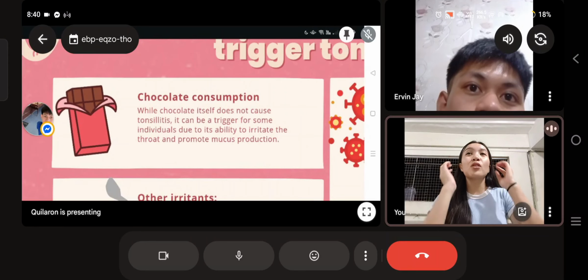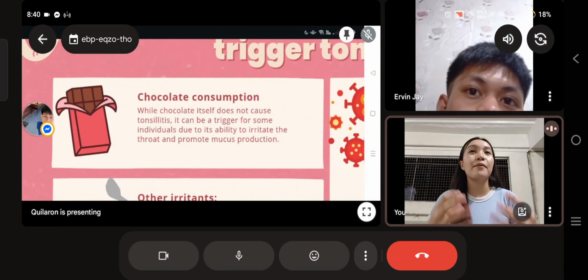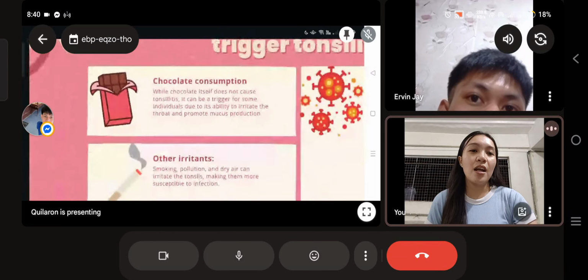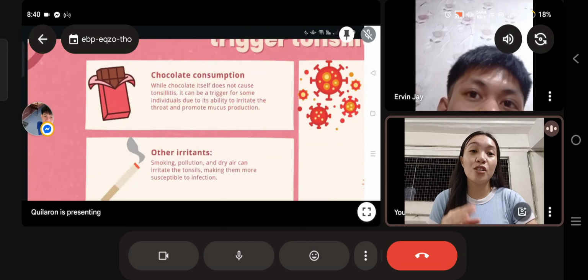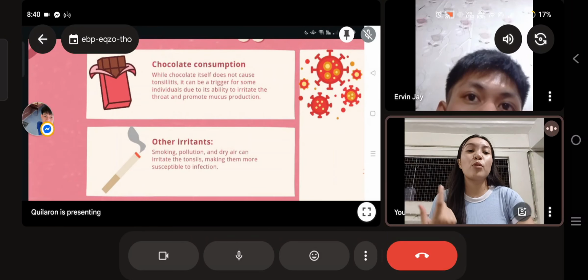And if our immune system is weak, bacteria and viruses can easily enter and inflame our tonsils. Chocolate itself does not cause tonsillitis. It can trigger it for some individuals due to its ability to irritate the throat and promote mucus production.